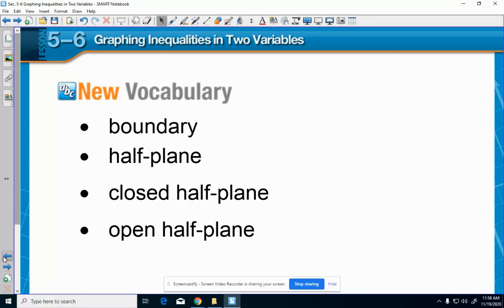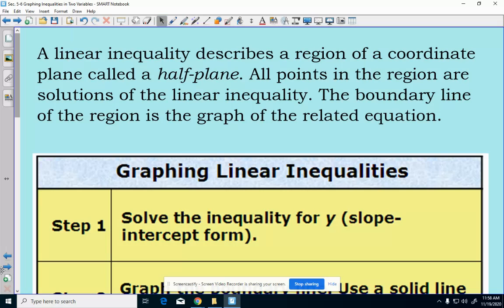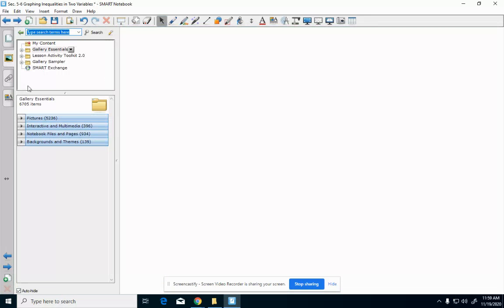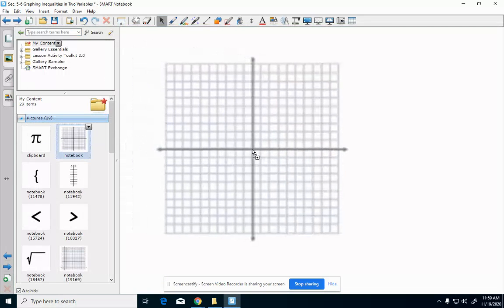Now, this definition here of a half plane, it's kind of misleading. All right, so a linear inequality describes a region of the coordinate plane called a half plane. Here's what we're trying to say. Here in a moment, we're about to do something that looks like this. We're going to have a graph.